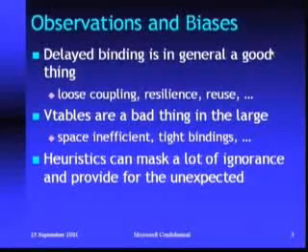In general, delayed binding to me is a good thing. Loose coupling, resiliency, reuse, the list can go on. So anytime somebody asks me to pin something down, I usually say, now's not the time. It's a good answer. V-tables are a bad thing in the large, from my point of view.